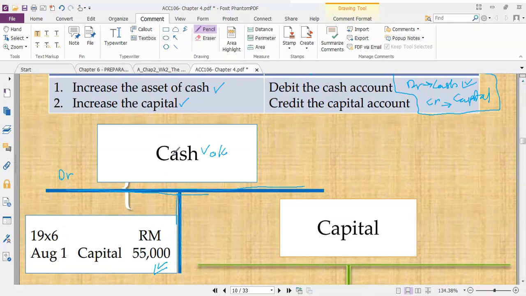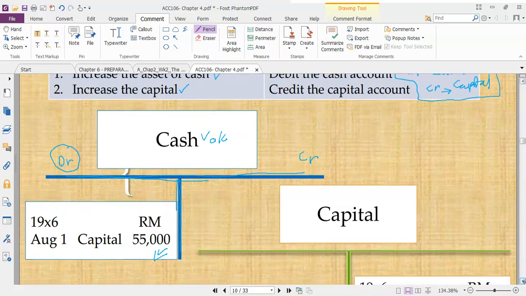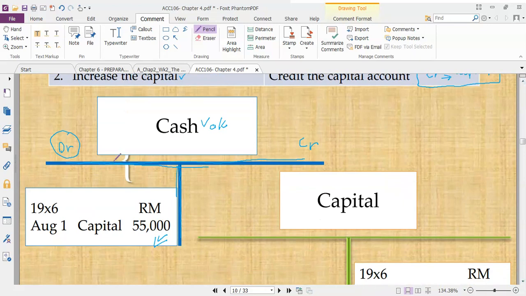So cash account, we put 55,000 on the debit side. Can you remember which one is debit side, which one is credit side? You must remember that. On the left is debit, on the right is credit. So cash account we put in debit side, so on the left 55,000.